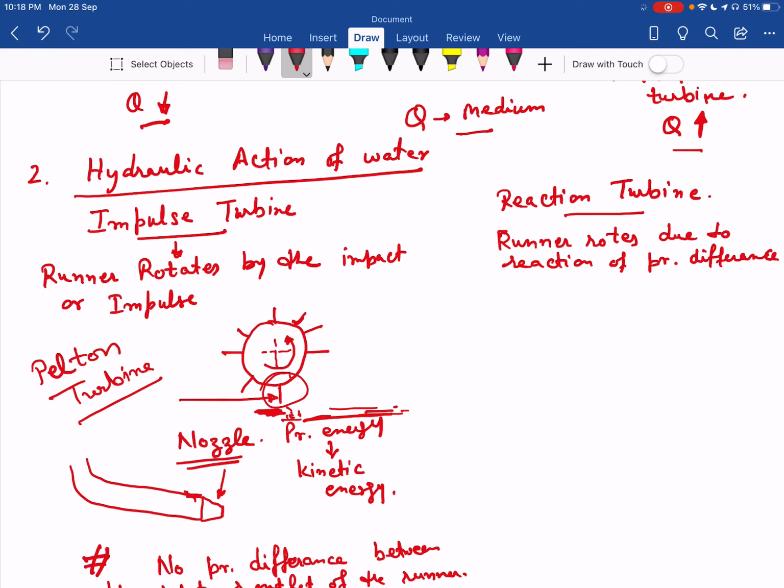For this you take one rotor or a runner.